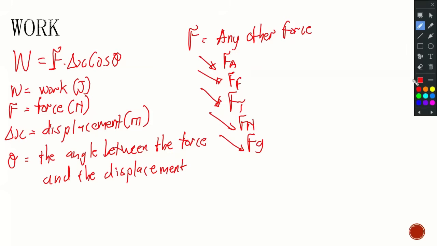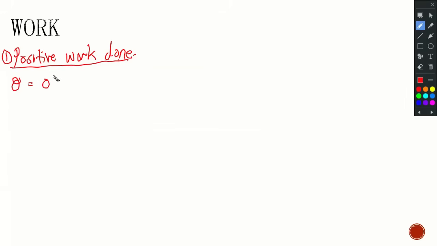So now, when it comes to this, we need to separate this into three categories. So we have what we call positive work done, right? So number one, we have positive work done. Now, when do we get positive work done? Positive work done exists if our theta is equal to 0 degrees.